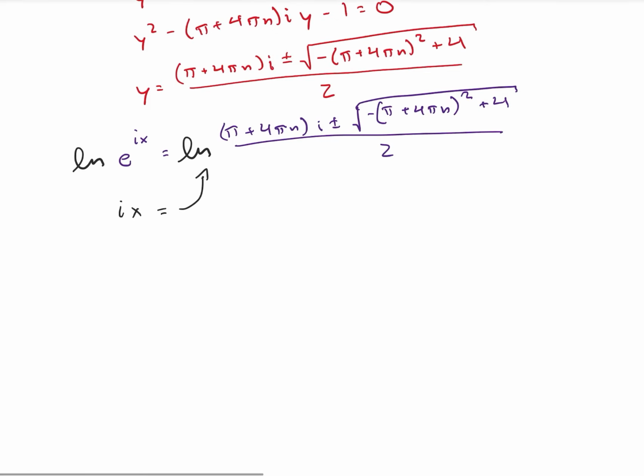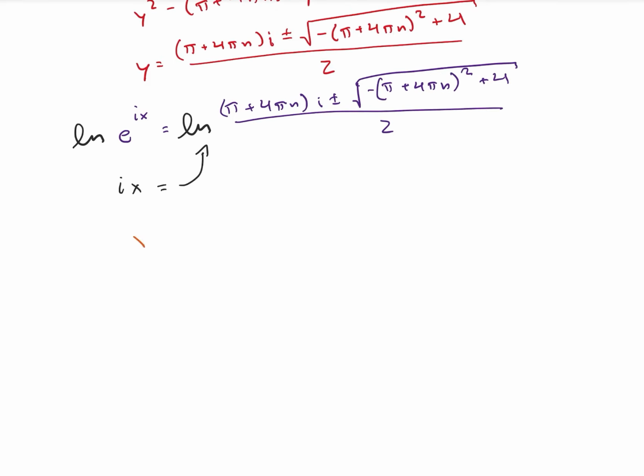And then I can divide by i on both sides, and I end up with x is equal to 1 over i, which, remember, I can just multiply that by i, and that'll give me negative i. So that whole thing can be replaced with just negative i.